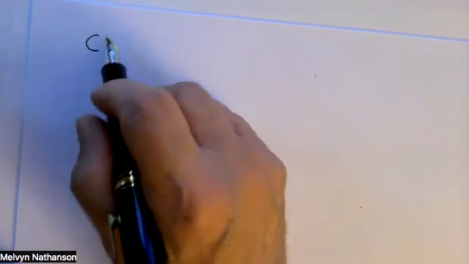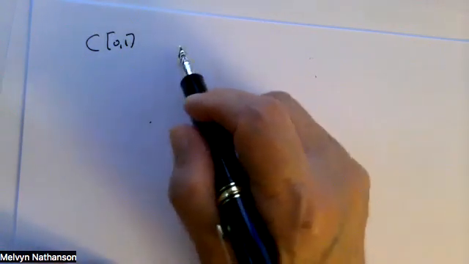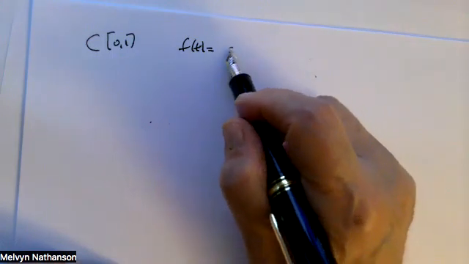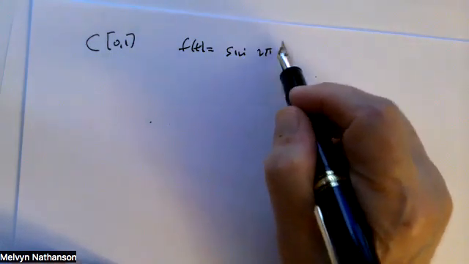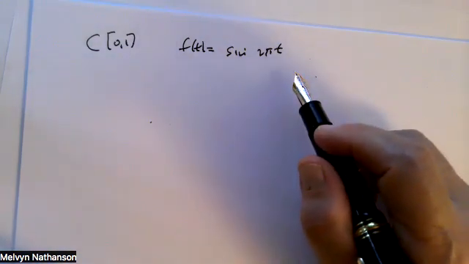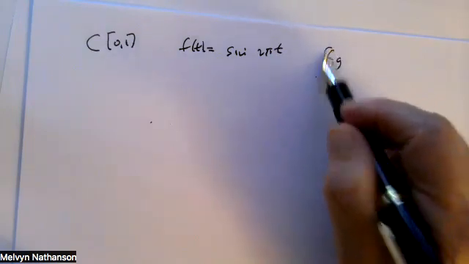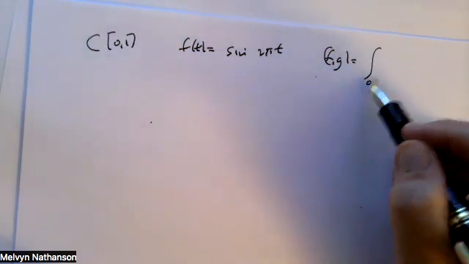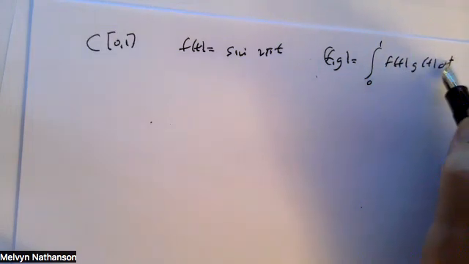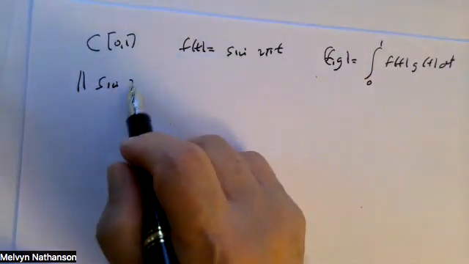Suppose we take the vector space C01, and what's a nice function in C01? Suppose I take f of t to be the sine of 2 pi t. So that's a nice function. The inner product of two functions is the integral from 0 to 1, f of t g of t dt. So what is the length of the sine of 2 pi t?